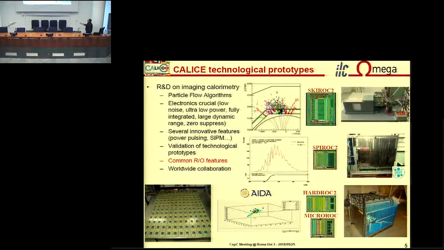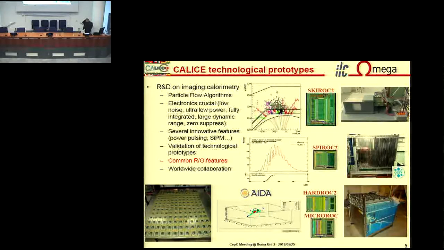So we started to work within the CALICE collaboration, and we did a lot of R&D in order to provide chips for these different calorimeters.